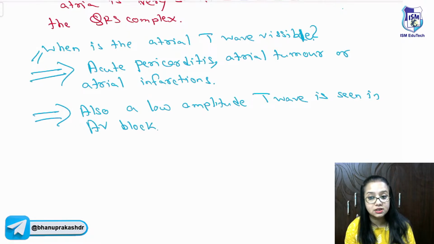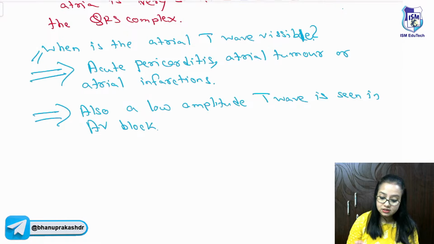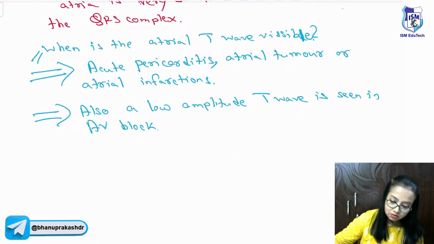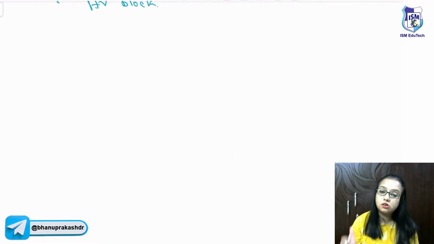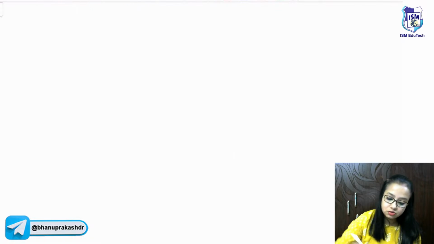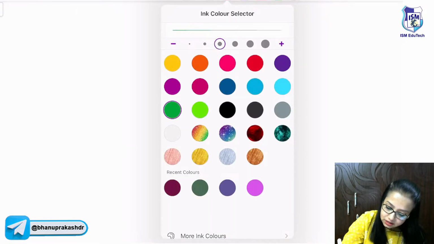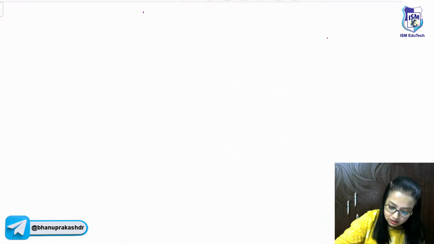Whenever there is delay in the conduction of impulse, there is this appearance of this low amplitude atrial repolarization. Okay. So now we have a good knowledge of the P wave. Now, what follows after the P wave? What follows after the P wave is the PR interval.